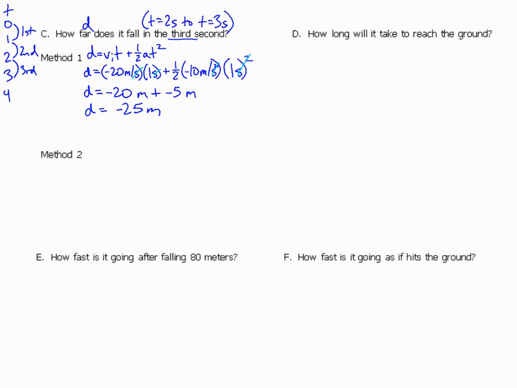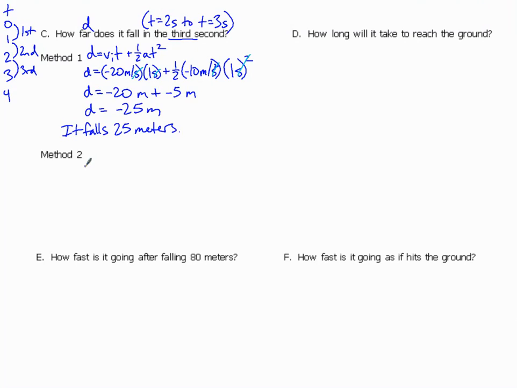And so during this third second, it falls 25 meters. And we don't really have to specify that it falls 25 meters down. Falls, to some degree, indicates a direction. Things fall downward, things do not fall upward.